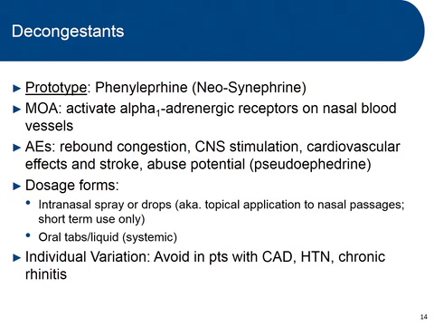These drugs do not have any effect on reducing sneezing or itching or any of those more allergic type reactions. This is really just reducing nasal congestion due to the decreased inflammation and the vasoconstriction.